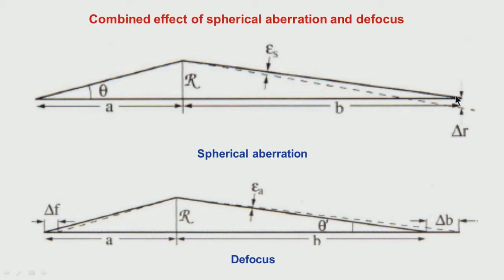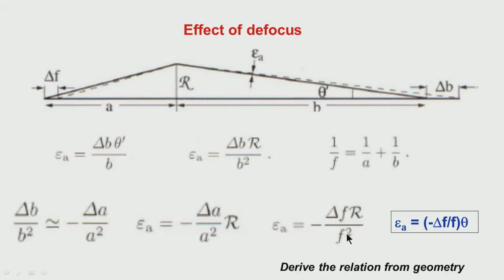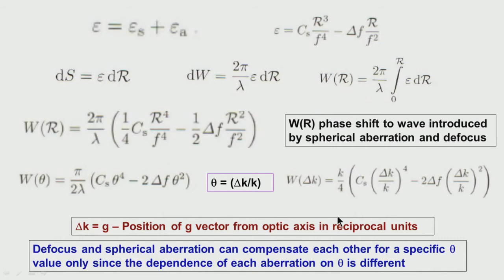This bend introduces a path difference in the ray. So, this bend angle itself, we try to convert into a phase difference. Path difference is given by epsilon into dr, and then we get the corresponding phase difference.